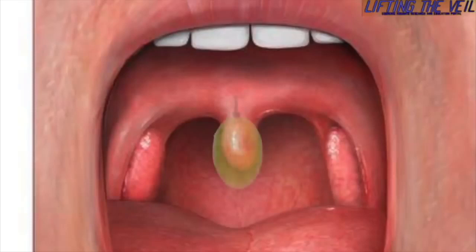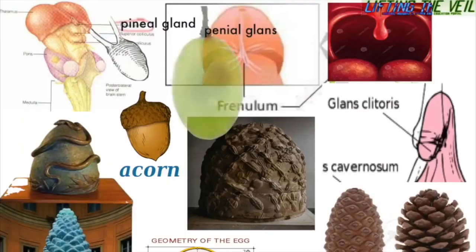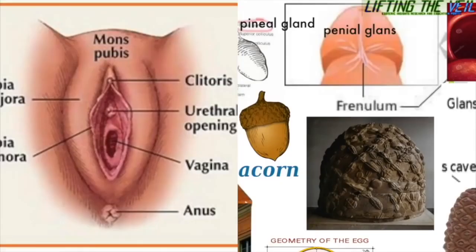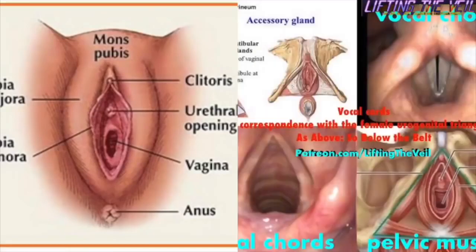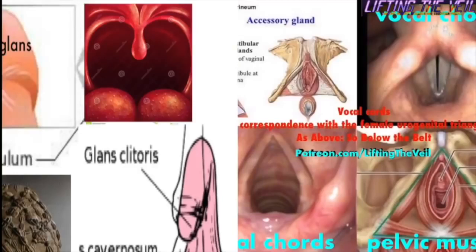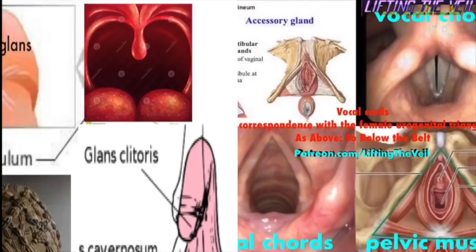The uvula hangs like a bunch of grapes. Etymologically, uva is Latin for grapes. It contains glands that secrete saliva, the salt, the salvation, the salivation. Just as stimulation of the clitoris increases lubricant secretion production in the vagina, stimulation also causes the uvula to secrete throat lubricating saliva.